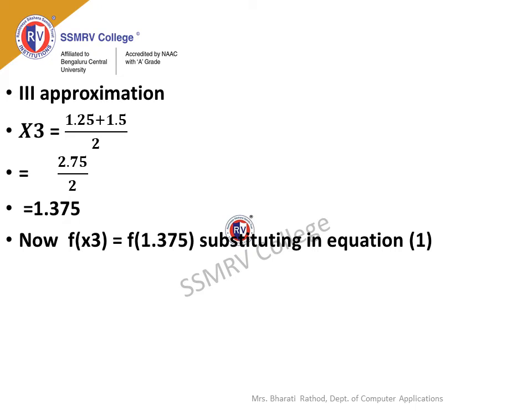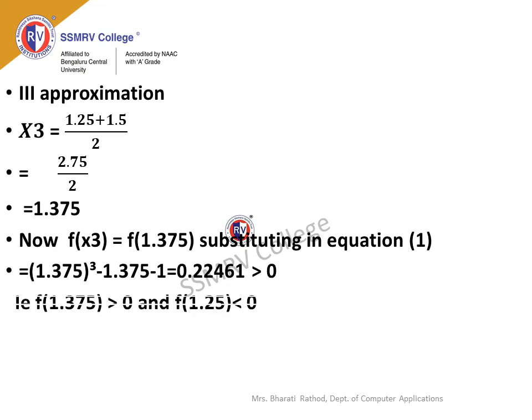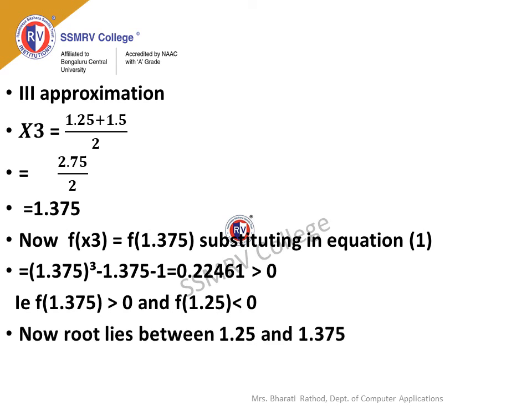We get f(1.375) = 0.22461, which is greater than 0. Hence, it is positive. Now, choose the negative value from the previous approximation step, that is 1.25. So the root lies between 1.25 and 1.375.